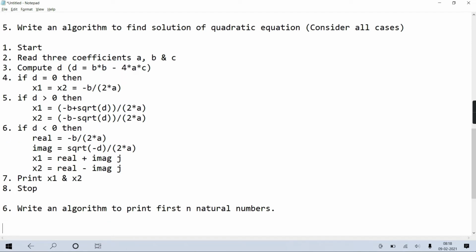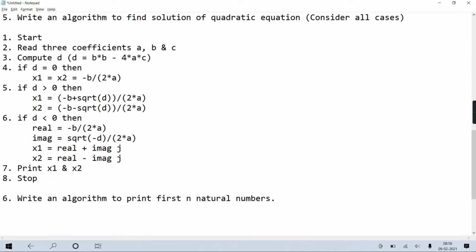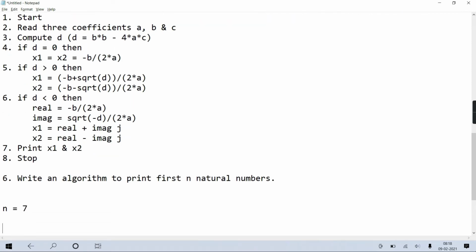You are going to accept n from the user. Suppose n is 7. Then you have to print the first n natural numbers: 1, 2, 3, 4, 5, 6, 7. These numbers we have to print.